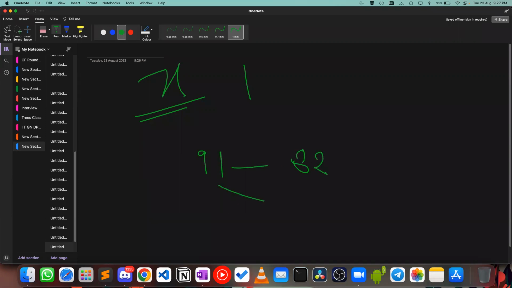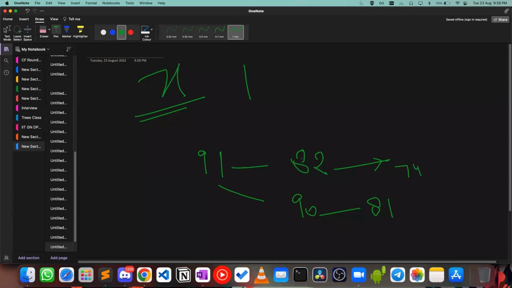And if you subtract the smaller digit, you get to 90. From 90, you can only subtract 9, so you get to 81. From this state, you can get to 70, 74, and 80.